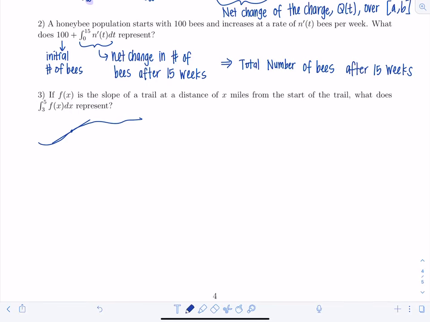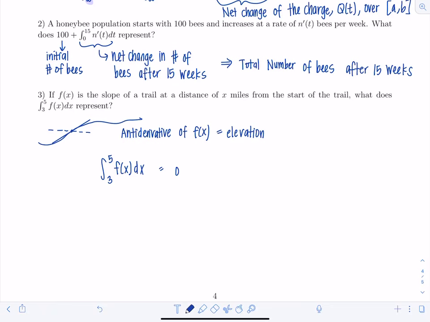right? Then that means the antiderivative of f of x would give us the elevation. So it would tell you basically how high up you are. So what does the integral from 3 to 5 of f of x dx represent then?